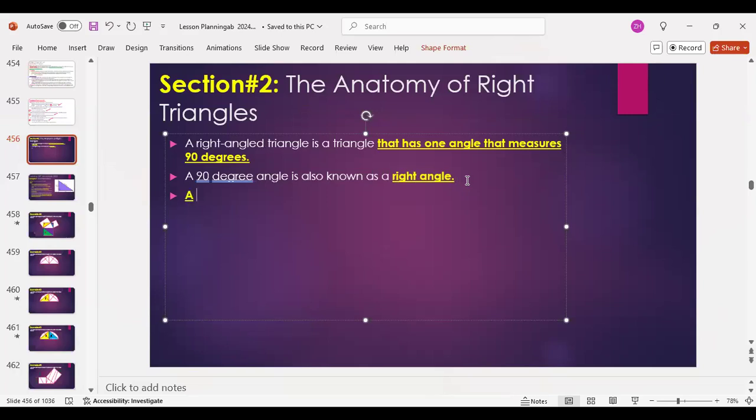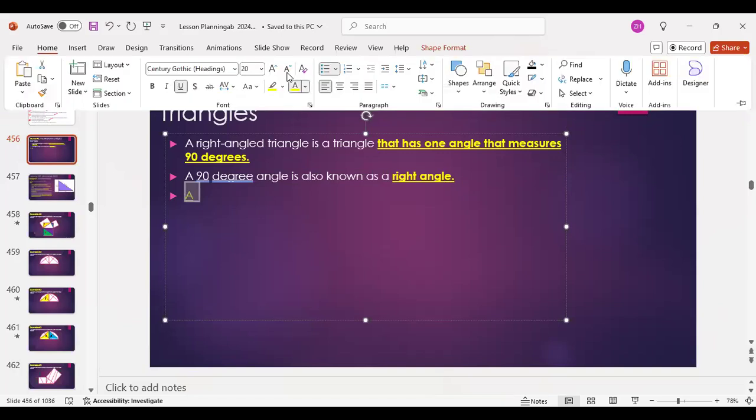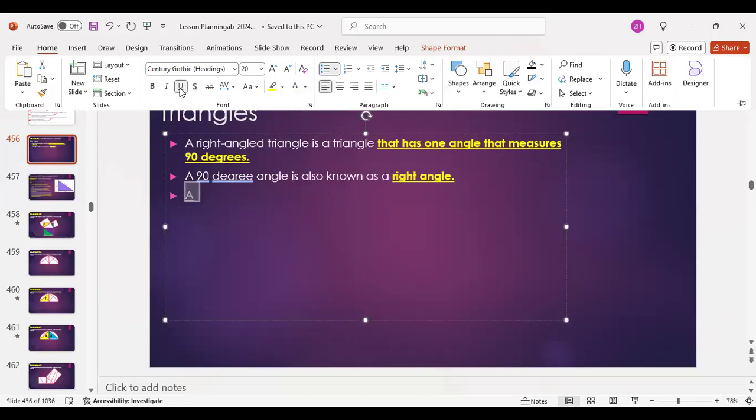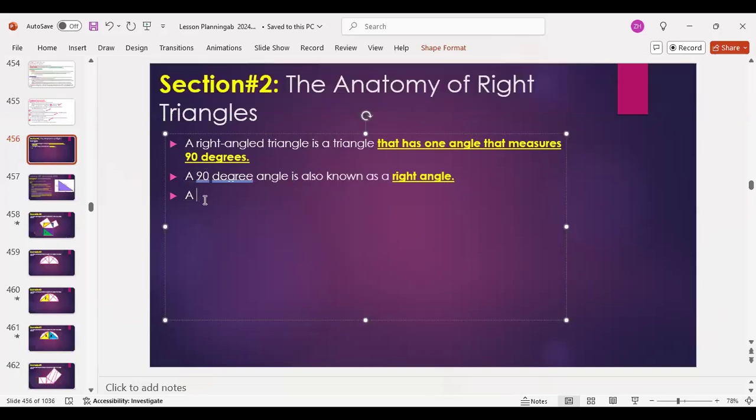Now, a right angle triangle has 3 sides.